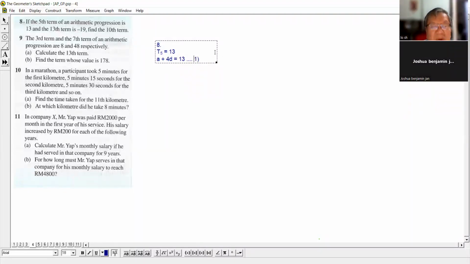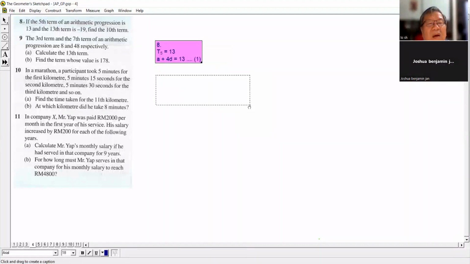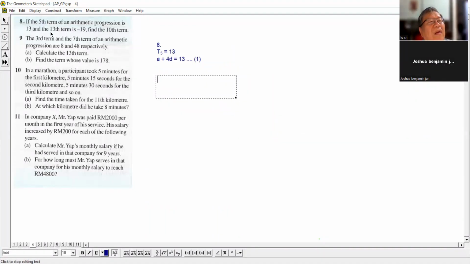Can you read the question? Continue. The 13th term is negative 19. Find the 10th term. T13 is negative 19.